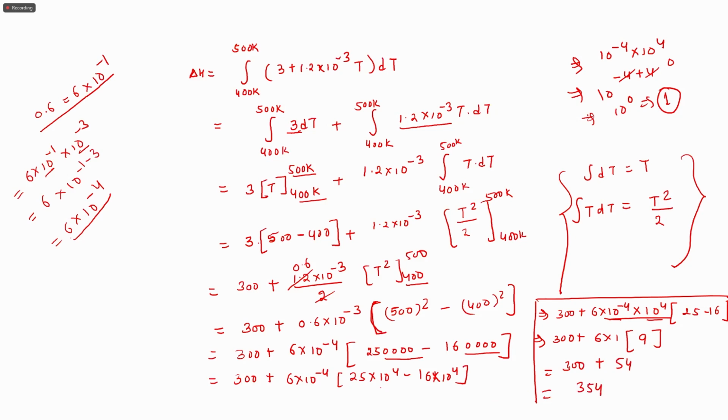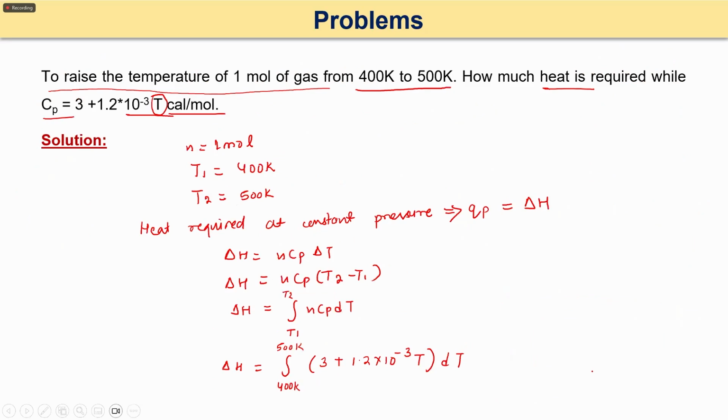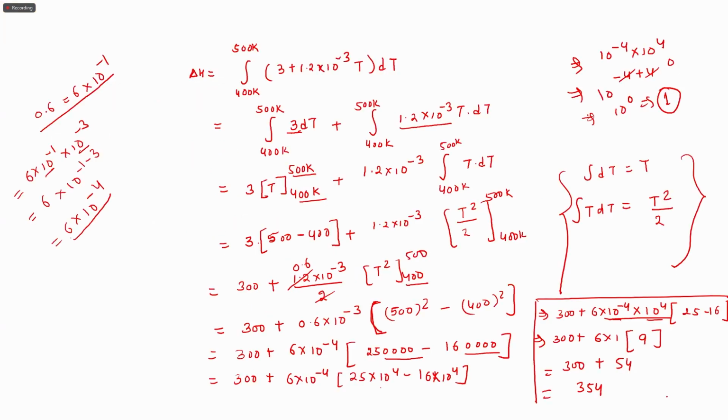So your CP was given in calories. Your CP value was given in calories, and we have done all the calculation in calories. So what will be your delta H in calories?